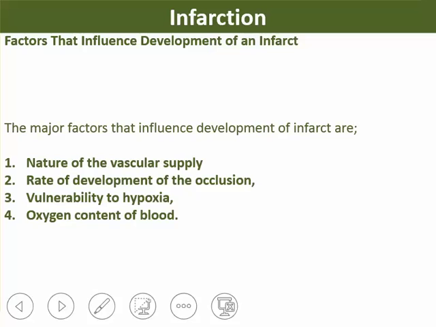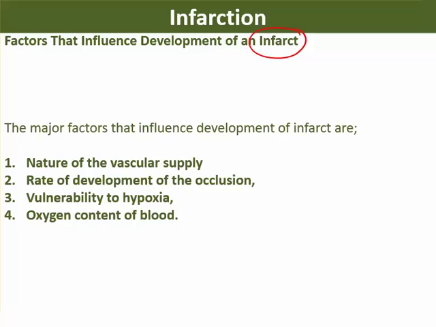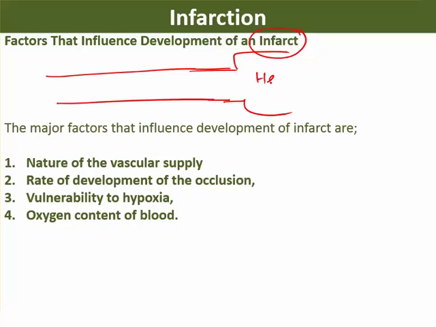There are some factors that influence the development of infarction. Once again I tell here. Infarction means, for example, this is the heart muscle, and this is the blood supply to this heart muscle.